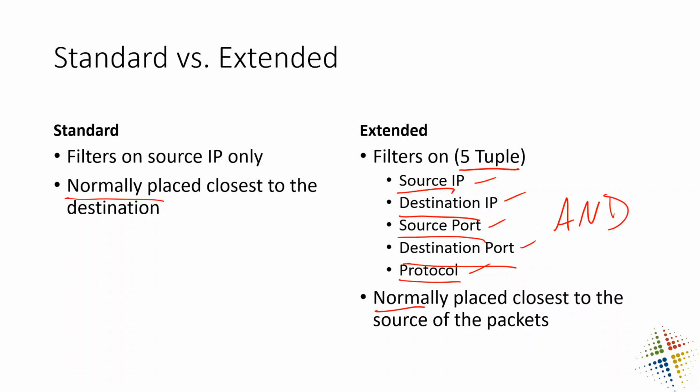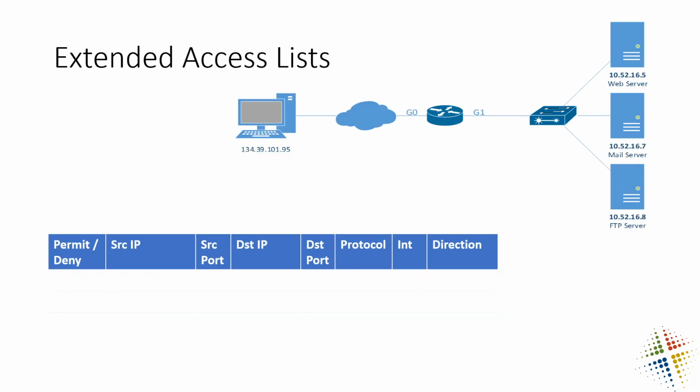Well, let's take a look at what this actually means in real life. Here I have a network diagram. Very, very basic. I have a client out here that's out on the internet. So if this is the internet, I then have a router with 2 interfaces, G0 and G1, and then 3 different servers.